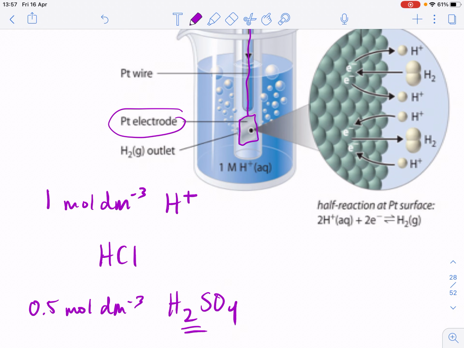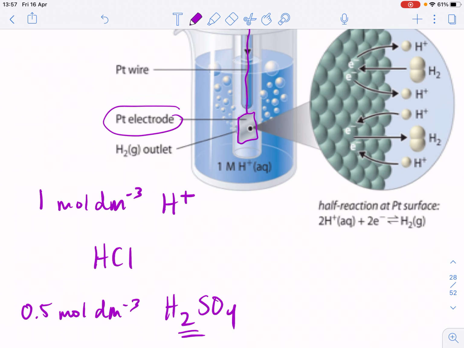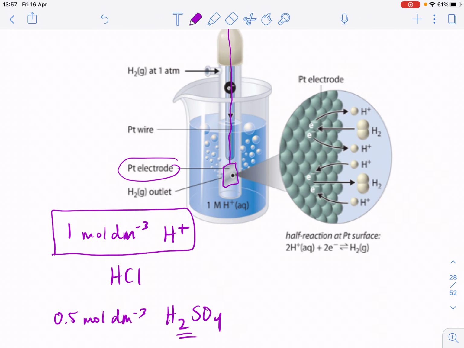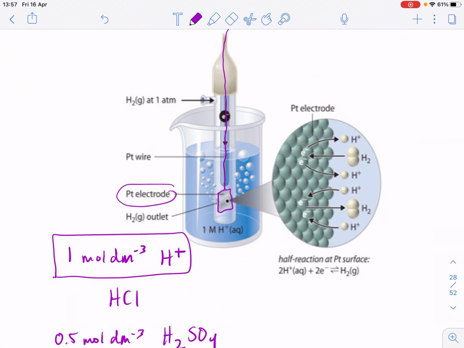So there's different ways that we can get to that 1 molar H plus solution, but as we've seen from any half cell, it always contains the element and its own ions. And so for hydrogen, we need H plus ions, and in order for it to be standard, we need them at 1 mole per dm cubed. But how do we get the hydrogen in there?